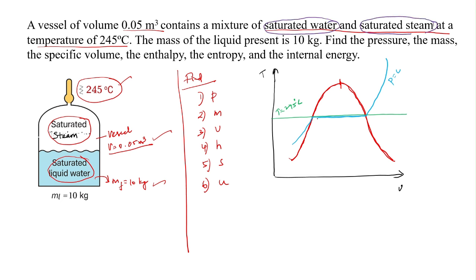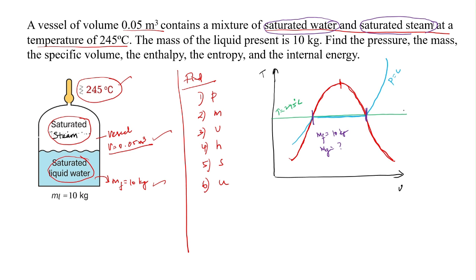Normally the mixing condition lies in between the saturated liquid curve and the saturated vapor curve. So where exactly can it exist here? The m of liquid is only given, which is equal to 10 kg. The mass of steam is not given. If we are given the mass of liquid and steam, we can find the condition of the mixture, where the x is.